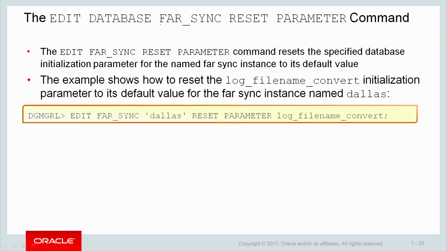The edit fast sync reset parameter command resets the specified database initialization parameter for the named fast sync instance back to its default value. So edit fast sync Dallas, reset the parameter log file name convert back to its default value, which is null, which is not set if I remember correctly.